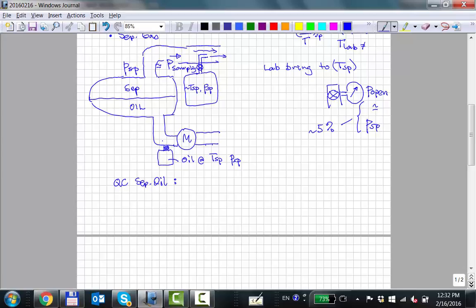Well, we know that this oil should be in equilibrium with the gas. So there should be equilibrium between the gas and the oil.